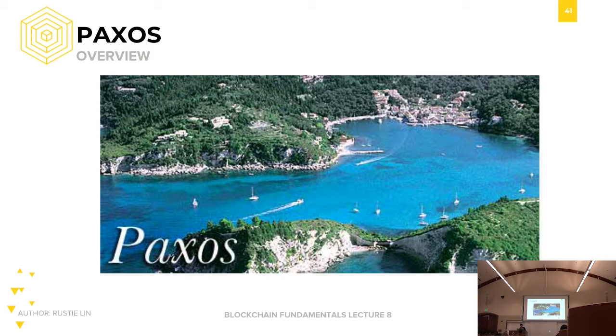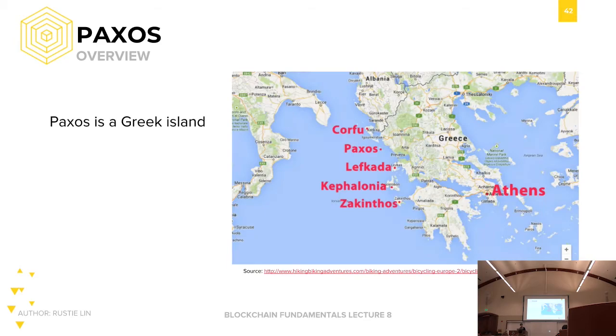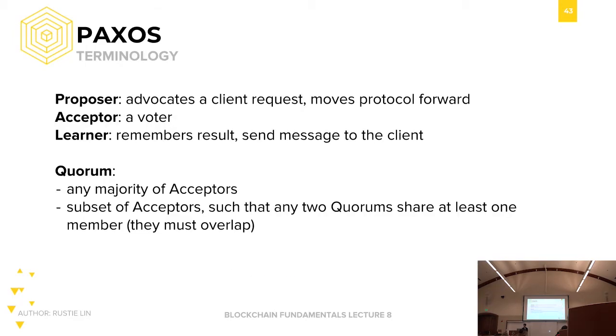And so Paxos is a Greek island, but did you know it is also a consensus algorithm? It's actually a family of consensus algorithms. There are many different types of Paxos, different versions and different implementations, but these are just a few main ideas that I'm going to talk about.